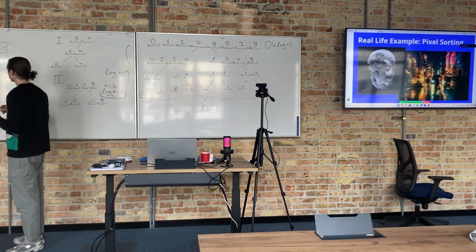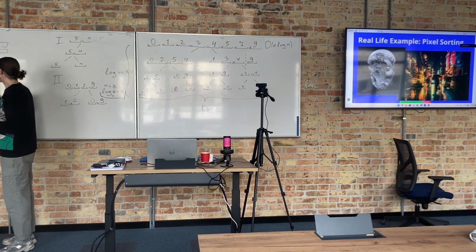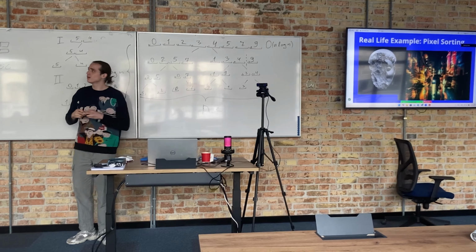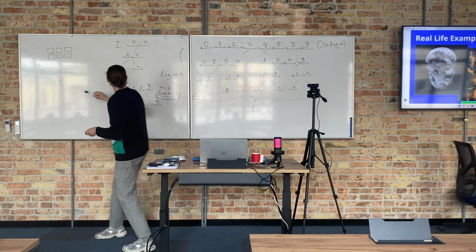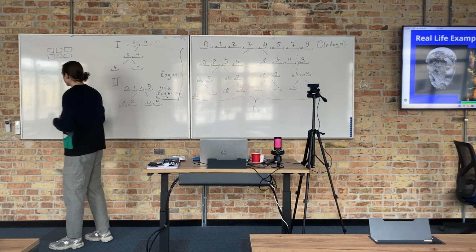Okay, so we can calculate our brightness, and our brightness will be a value from 0 to 1. And we can sort our pixels like numbers in an array using those values.